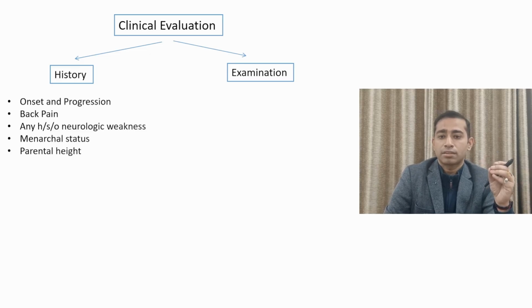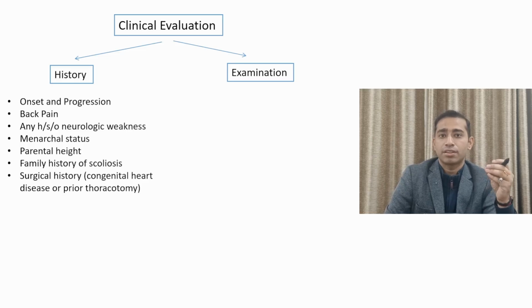Menarchal status is asked to ascertain the progression. Parental height gives us an idea whether the child has achieved her growth or not. A family history of scoliosis is important because in case of a positive family history, especially a sibling, the chances of progression in these cases is higher.